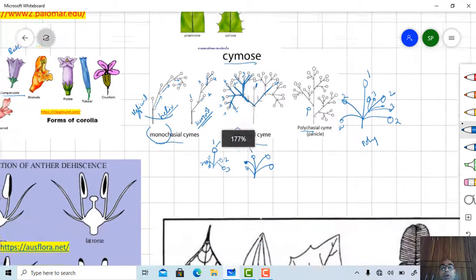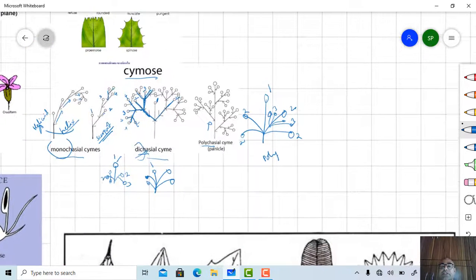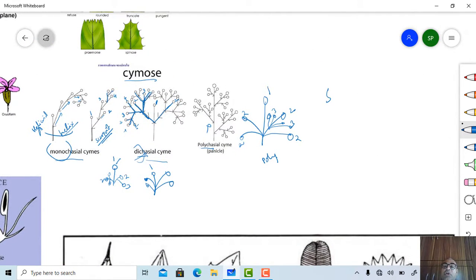Okay, one more type of inflorescence present in cymose is called the solitary type. Actually, solitary means a single flower.